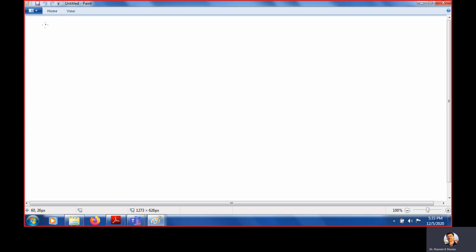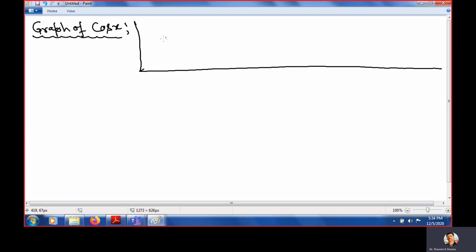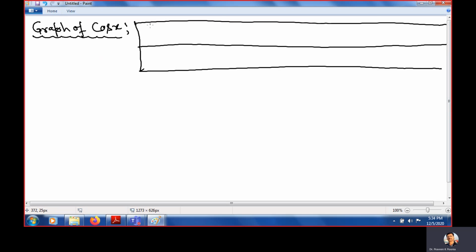Now, the second point is the graph of cos x. If we see the graph of cos x on the xy plane, then we need to make the table again. Same table we will make and same angles we will take, and then we will draw the graph.